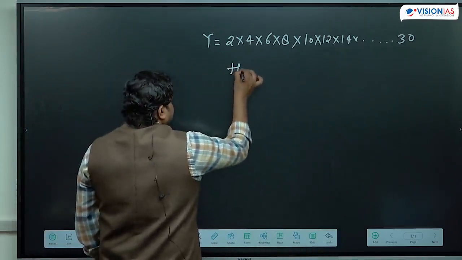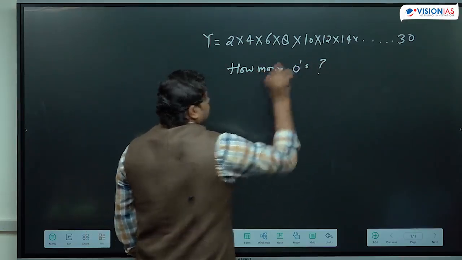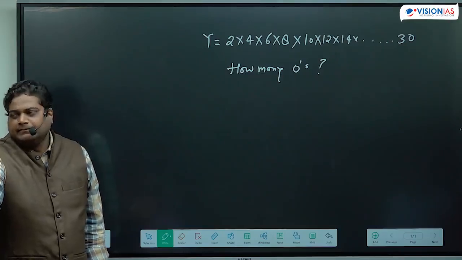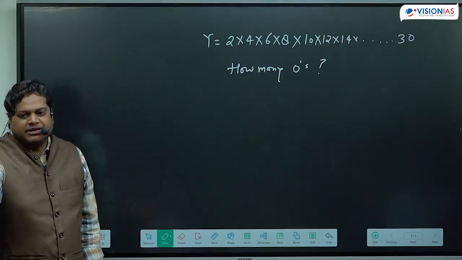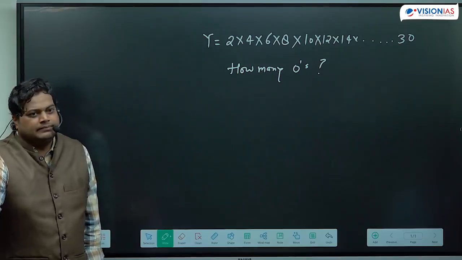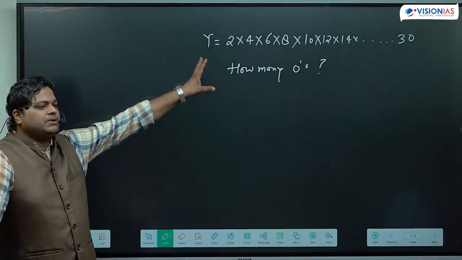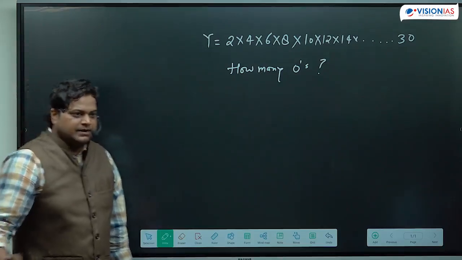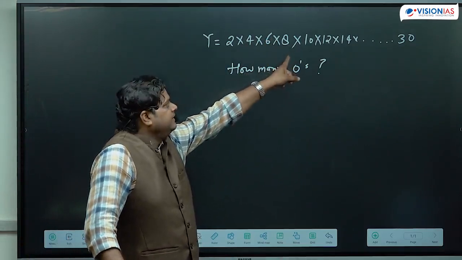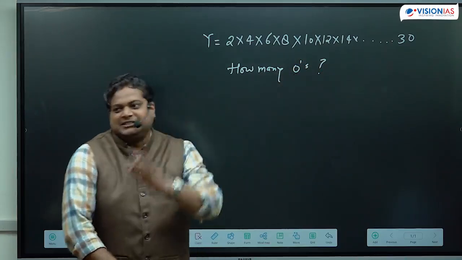How many zeros are there at the end? इसमें we cannot write this in factorial term, है ना? So we can see here कि number of 2s are coming more than number of 5s, है ना? So 5s are coming at which places? 10, then 20 and 30. At 3 places 5 is coming.